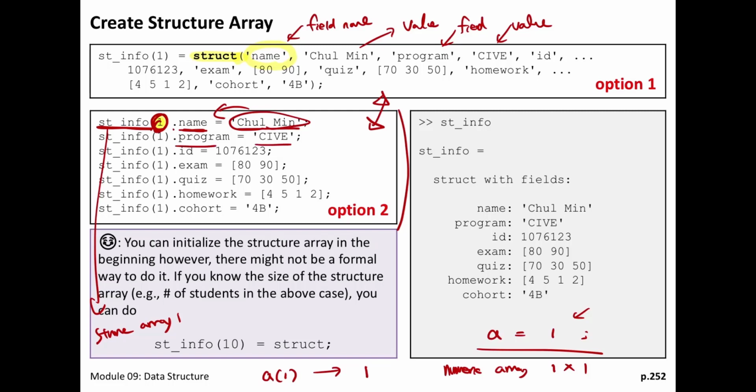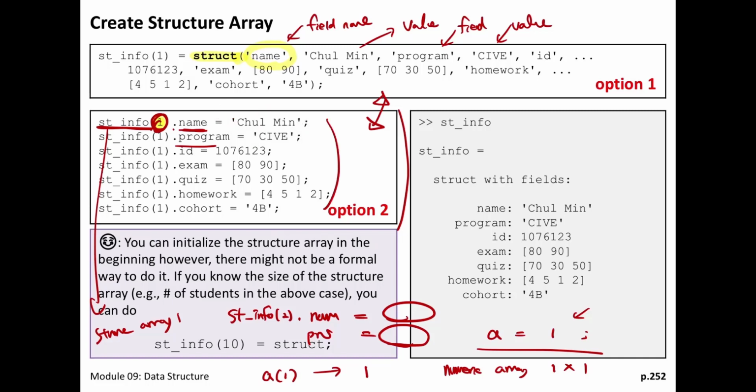If you store another student's name card, you need to use student_info 2 and then the field name, and then program, something like that. But the point here is that this structure, this Chalmin, and this information should be accessed by the field name. That's the main difference from the cell array.